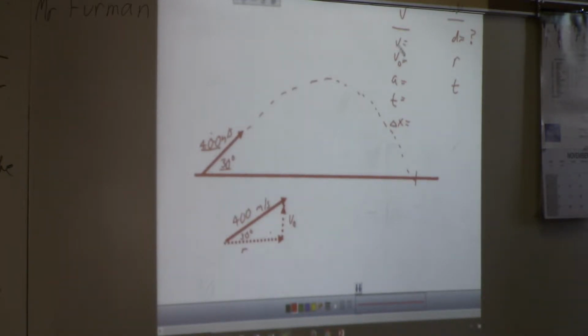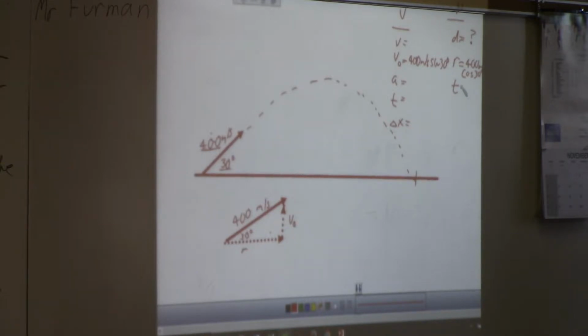So for your initial vertical velocity, it's going to be 400 meters per second times the sine of 30 degrees. Sine up. So if you use sine for your initial vertical velocity, what trig function might you use for your initial horizontal velocity? Cosine. That would be 400 meters per second times the cosine of 30 degrees. So I'm in pretty good shape now, right?